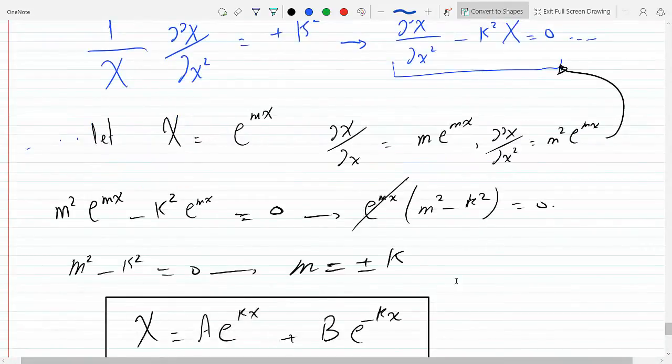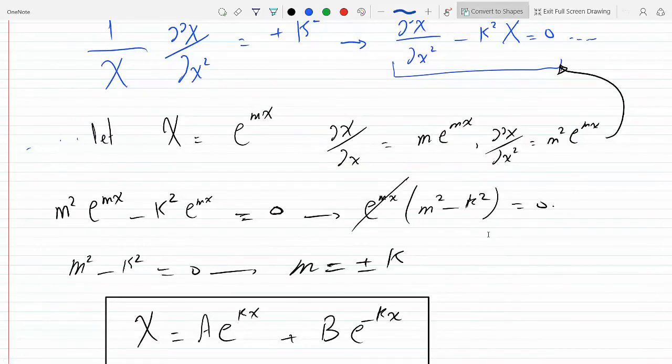There's no particular solution because there's no non-homogeneous part to it, there isn't a function on the right hand side. If there is, then you'd have to do this, then go back and take care of the non-homogeneous part. But this has no non-homogeneous part, so it's all homogeneous. There's only the complementary solution.